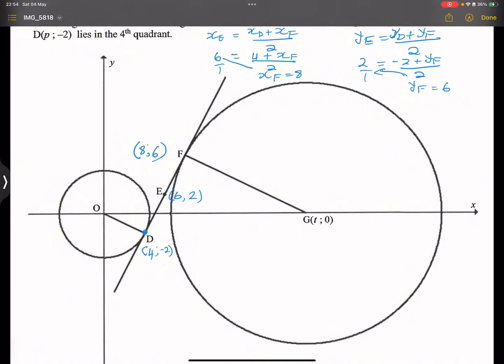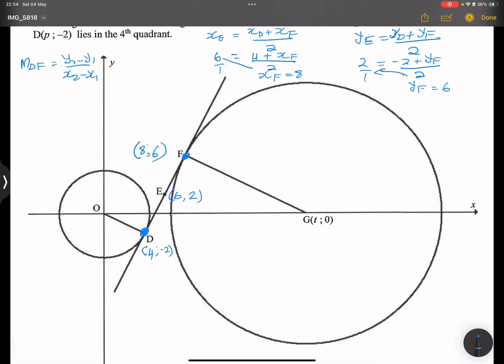Now, firstly, let's find out the gradient of the line DF. So the gradient of DF, that's y2 minus y1 over x2 minus x1. Now, please, I want you to note, ladies and gents, that I am going to take the point at F and the point at D.